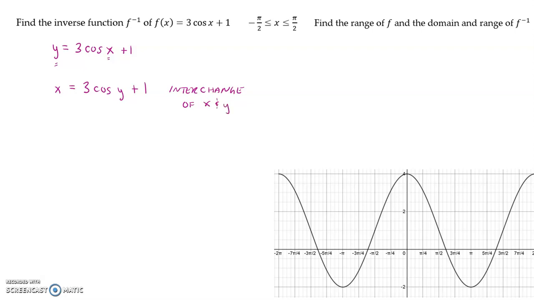And my next step is going to be to go ahead and solve this equation for y. So I'm going to go ahead and subtract my 1 from both sides. This will give me x minus 1 equals 3 times cosine of y.